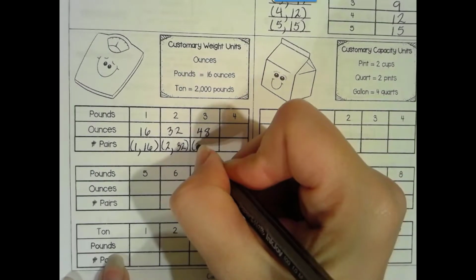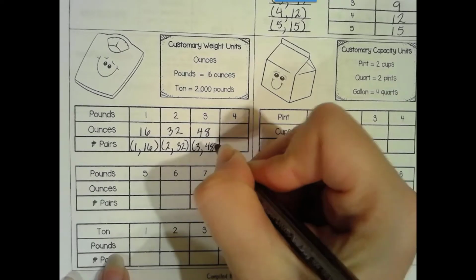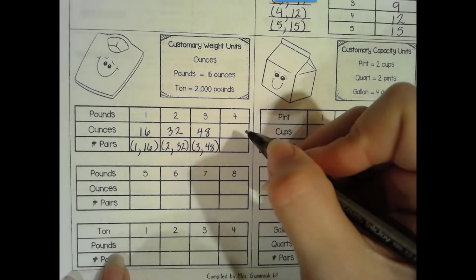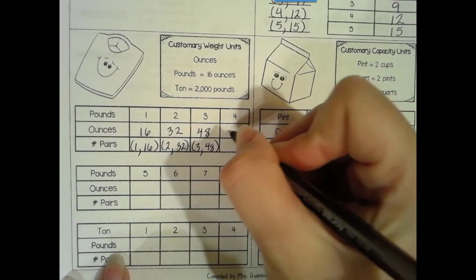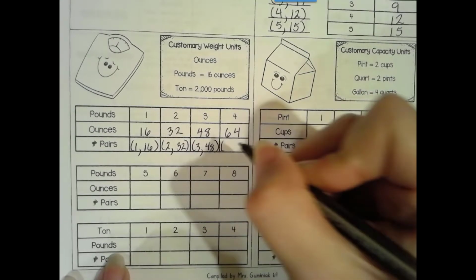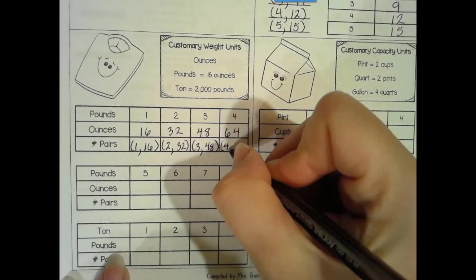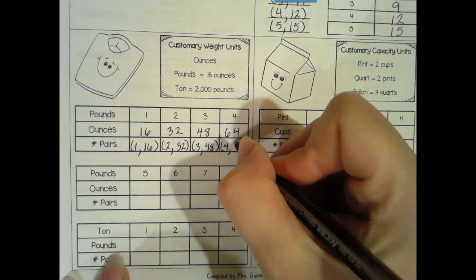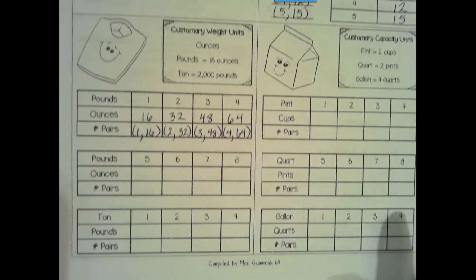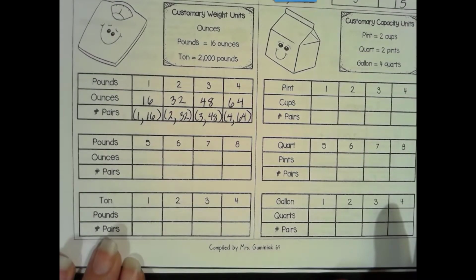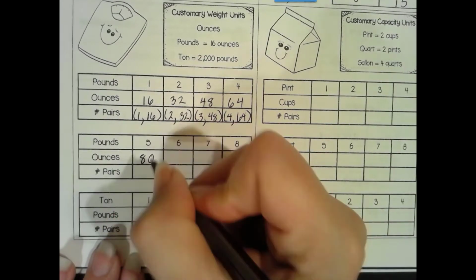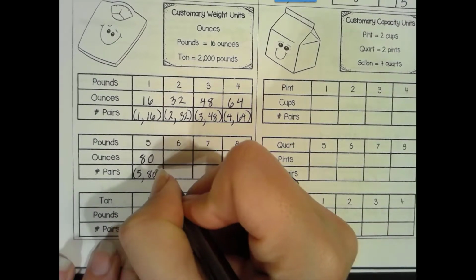So every 3 pounds is 48 ounces. 4 groups of 16 is 64. So every 4 pounds is 64 ounces. 5 would be 80. For every 5 pounds, it's 80 ounces.